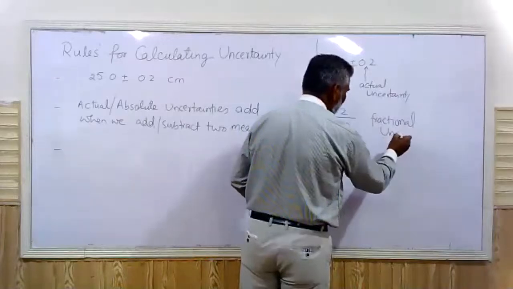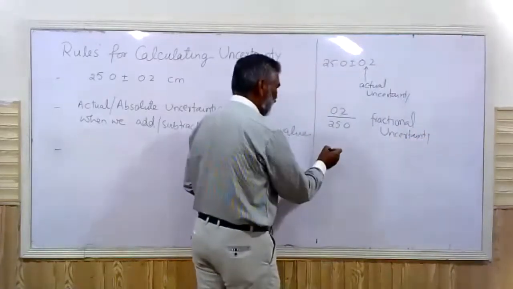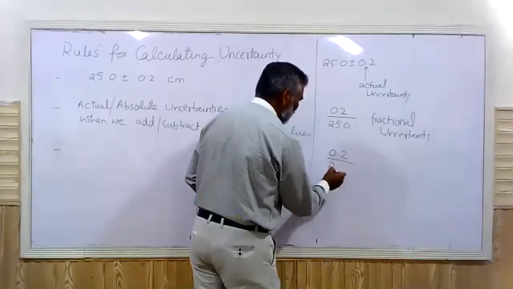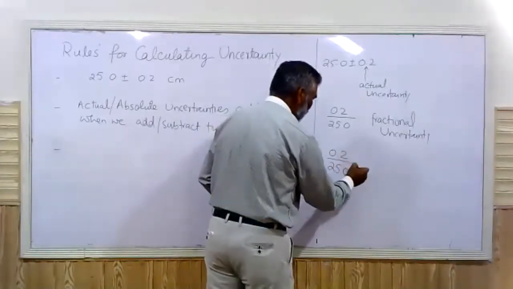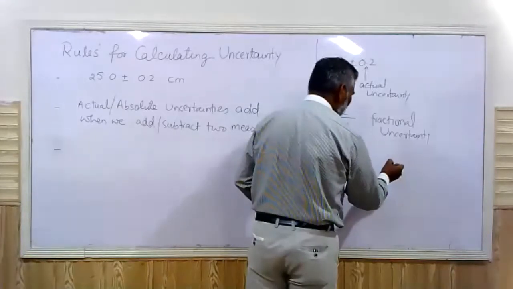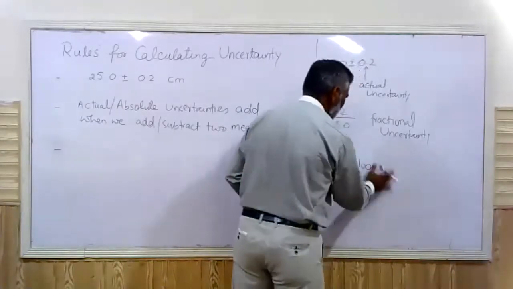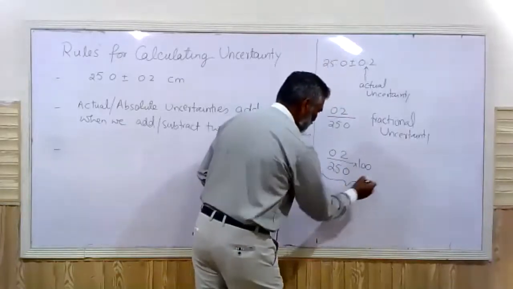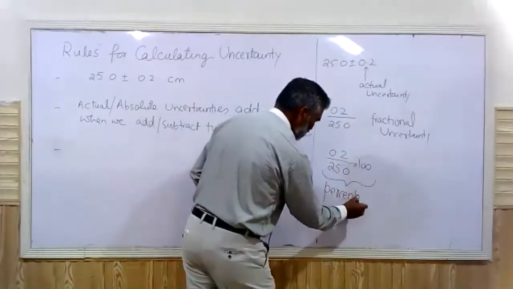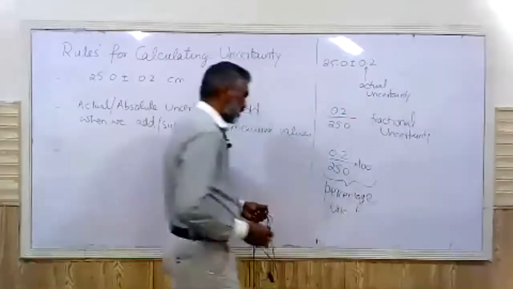Fractional uncertainty. And if I express it in the form of percentage, then of course I write it in this manner, and this is known as percentage uncertainty.